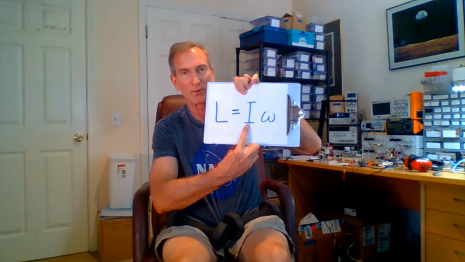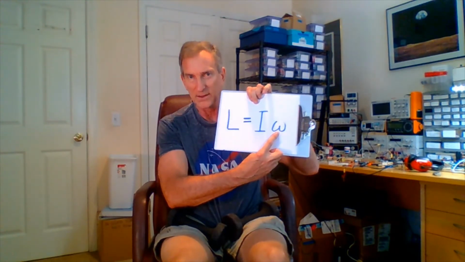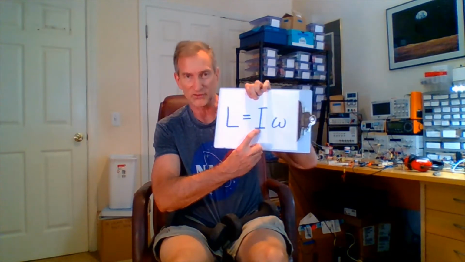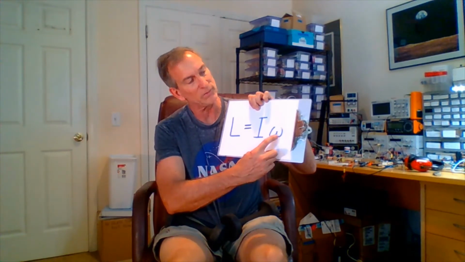So I'm going to start my motion with these weights out, with I large and a relatively small omega. What I'm going to do then is bring the weights in closer to my body, which will reduce I. But in order for L to be conserved, my angular velocity will have to increase.